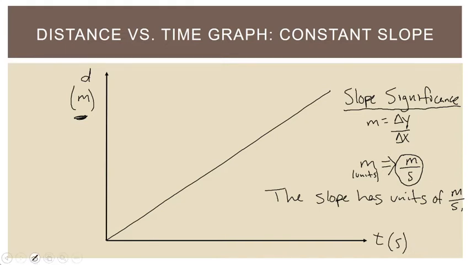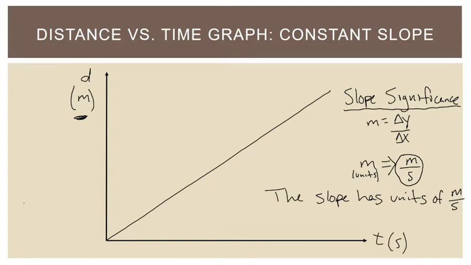Now, of course, the big question here is, if the slope has units of meters per second, what does that mean? If I tell you the measurement is 5 meters per second, what is that actually telling you? Well, it's telling you how many meters something goes in a second, but what is that a measurement of?